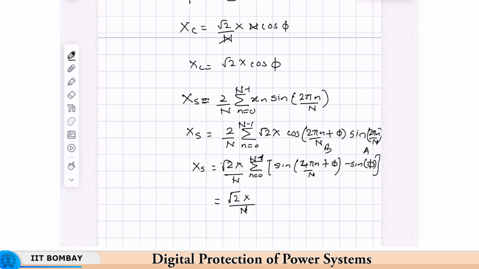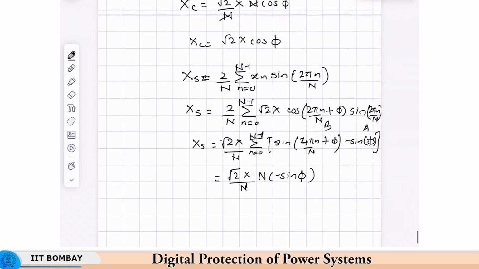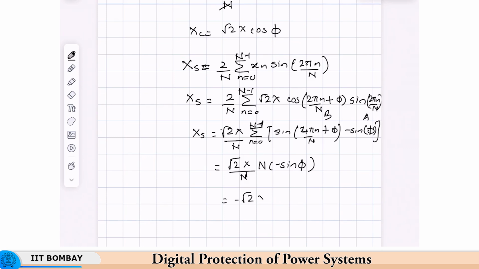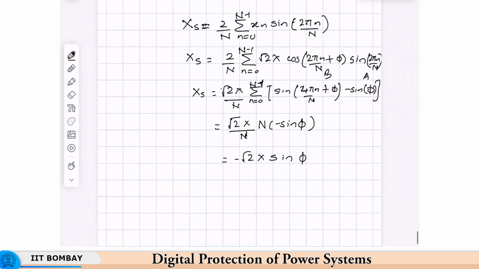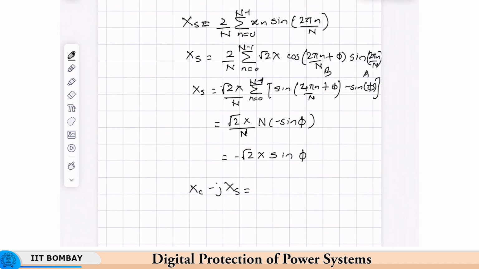So, it gives us Xs equal to minus of minus root 2 X sin phi, and Xc is equal to root 2 X cos phi, plus j sin phi.